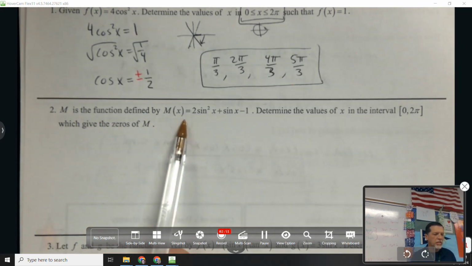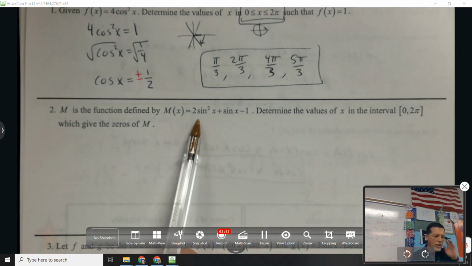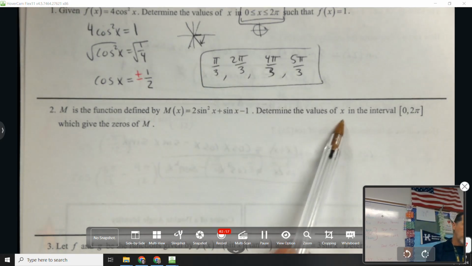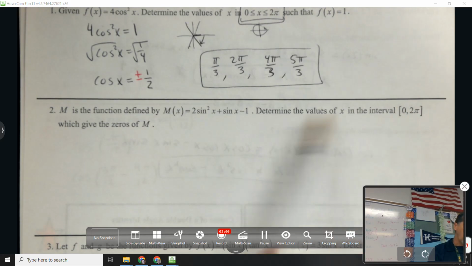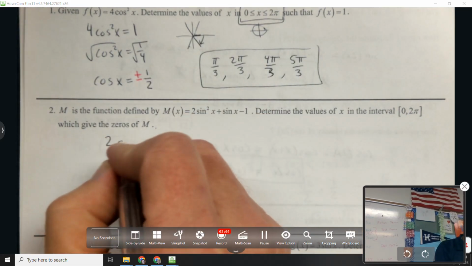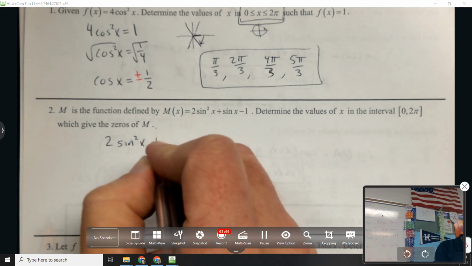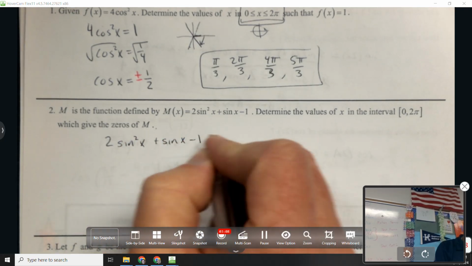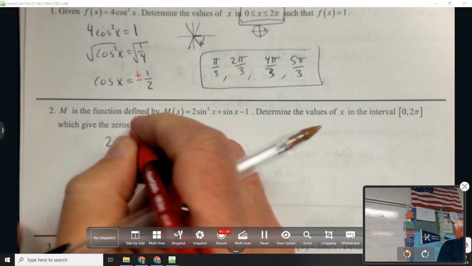M is the function defined by 2 sine squared plus sine minus 1. Determine the values of x in the interval 0 to 2 pi, which give the zeros of m. Alright, so worded kind of funny, but set the function equal to 0. That's what find the zeros means.